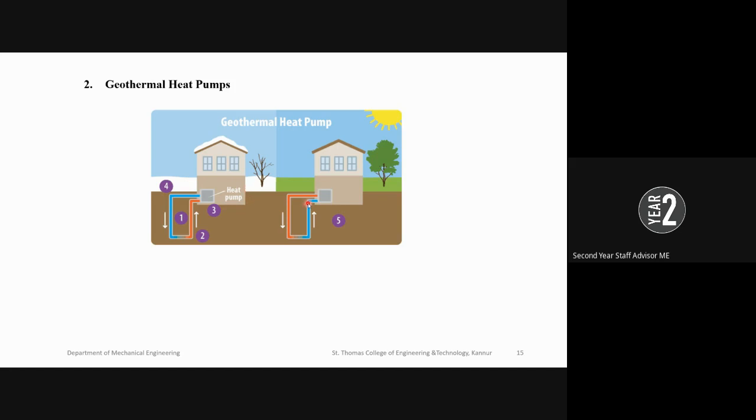So in the summer season, the heat will be absorbed by the refrigerant, and it will be given to the hot area or the hot reservoir, and this working fluid will get cooled, and that will be given into the building. This is the main thing we are discussing about geothermal heat pumps. Do you understand?